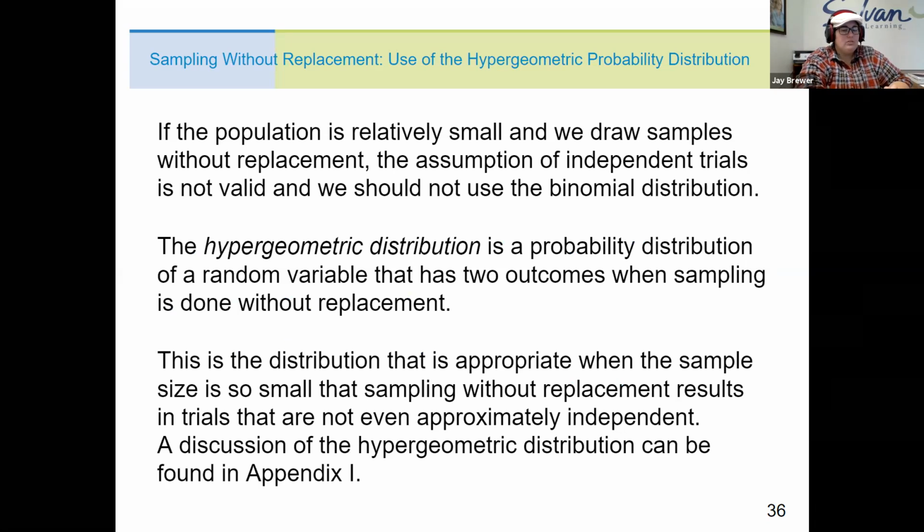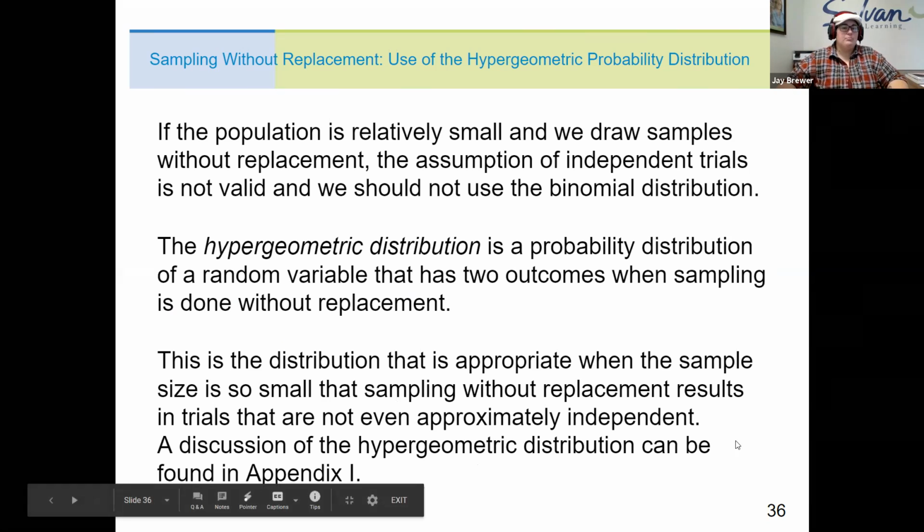This is the distribution that is appropriate when the sample size is so small that sampling without replacement results in trials that are not even approximately independent. A discussion of the hypergeometric distribution can be found in Appendix 1. Okay, so that is that.